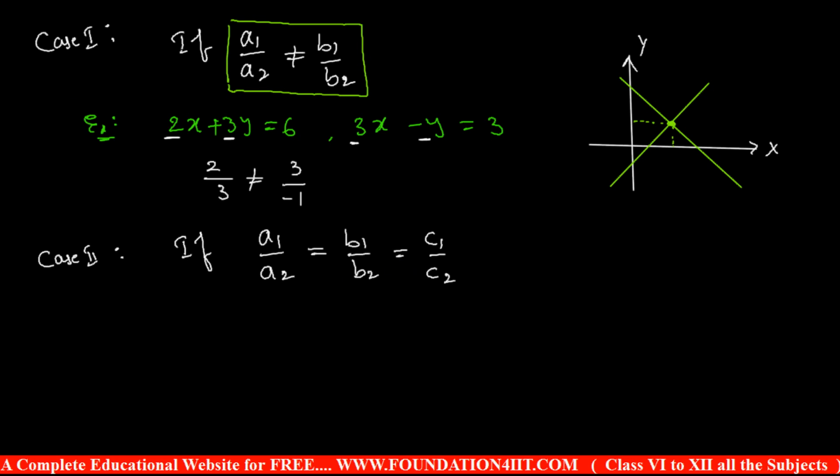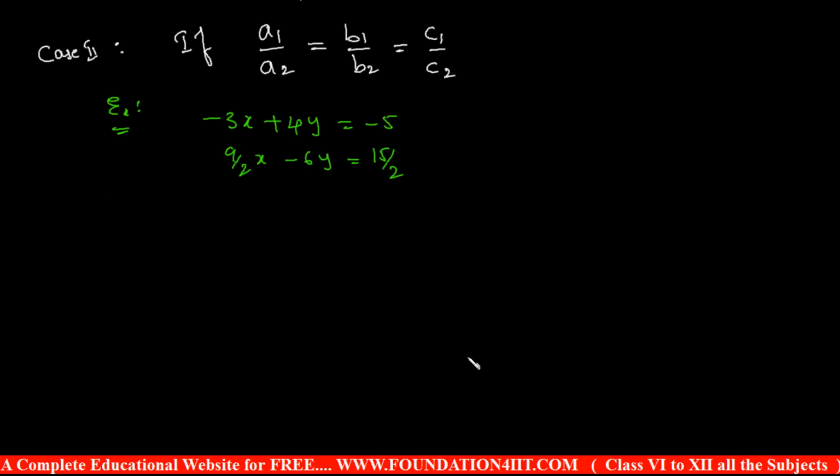Let me explain with an example. Take -3x + 4y = -5 as one of the linear equations, and one more is (9/2)x - 6y = 15/2. Now let us check a1/a2.